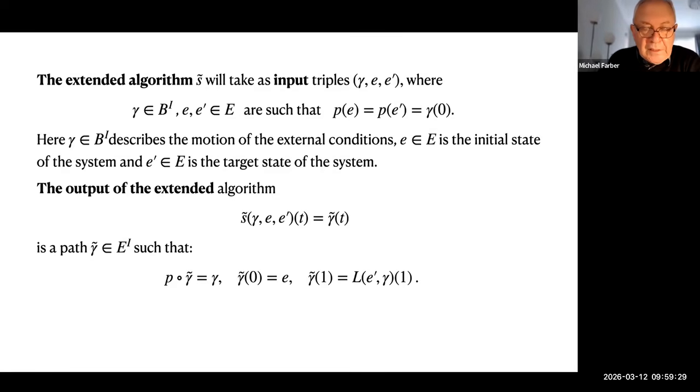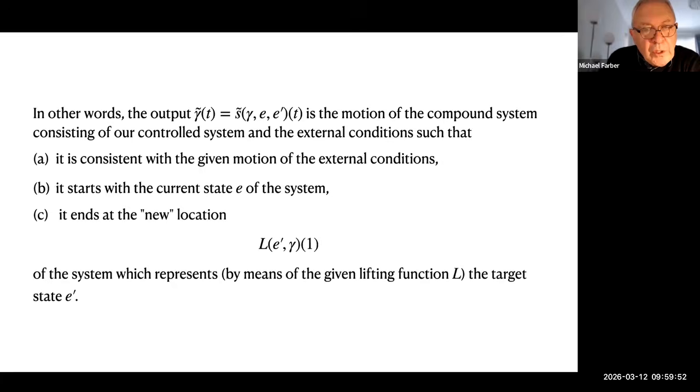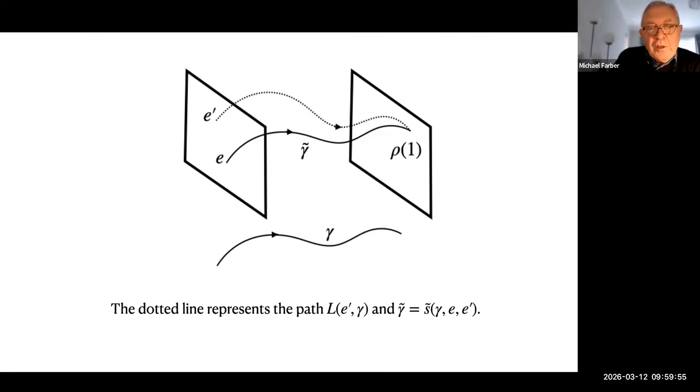The output of the extended algorithm is a curve denoted gamma tilde, which covers gamma. It is a lift of gamma. It starts at E and it finishes at a point denoted L(E prime, gamma at 1), which I will show on this picture.